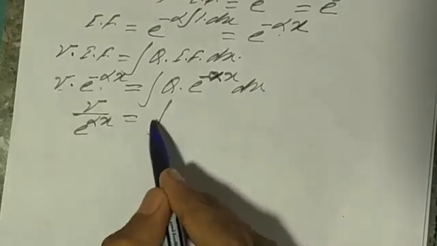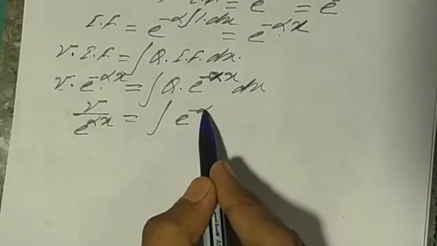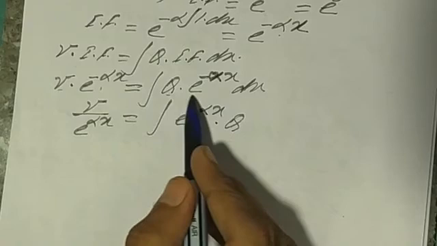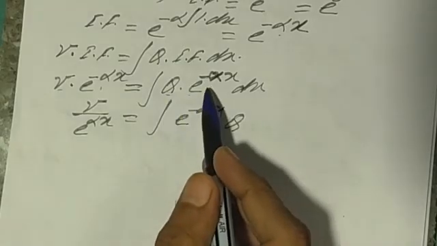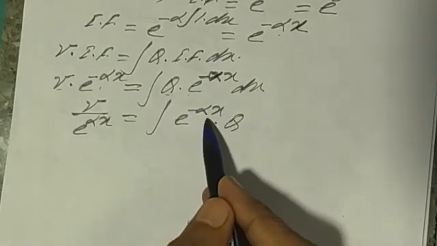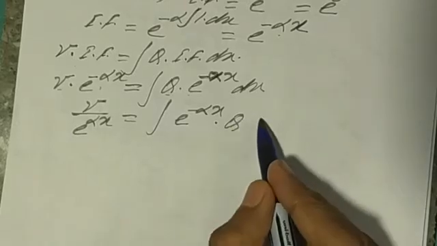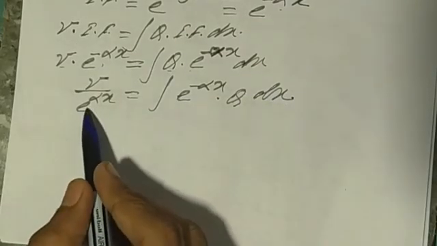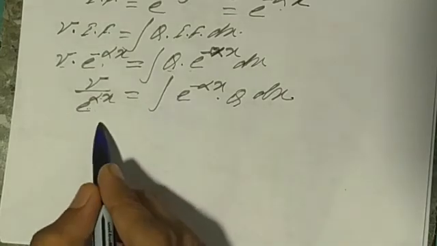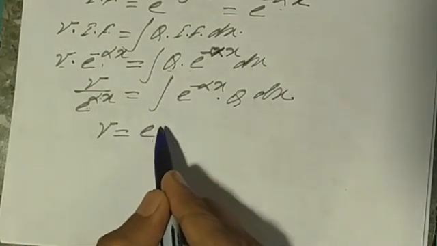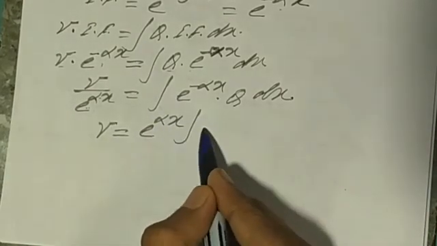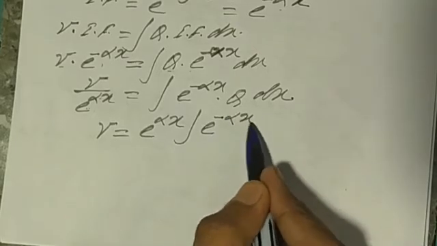Now obviously this may be written as v upon e raised to the power alpha x is equal to integral e raised to the power minus alpha x into Q dx, because product is commutative. So transposing e raised to the power alpha x to right hand side, we get v is equal to e raised to the power alpha x integral e raised to the power minus alpha x into Q dx.